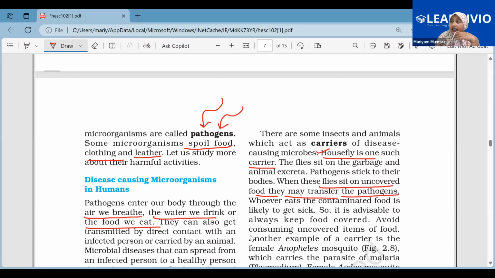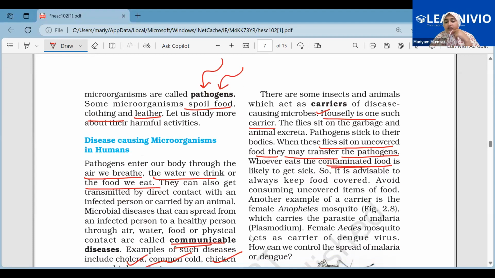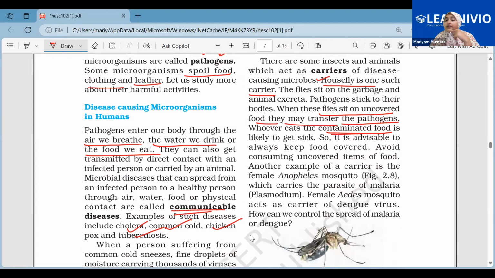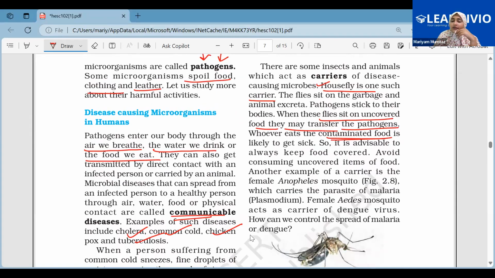Whoever eats the contaminated food is likely to get sick, right? That person will have chances of being sick because of the pathogen introduced in the body. So it is advisable to keep the food covered at all times. Never leave it uncovered. Apart from that, avoid consuming uncovered items or food.